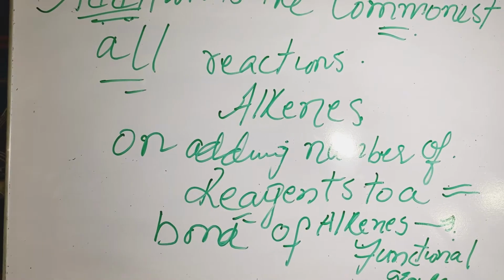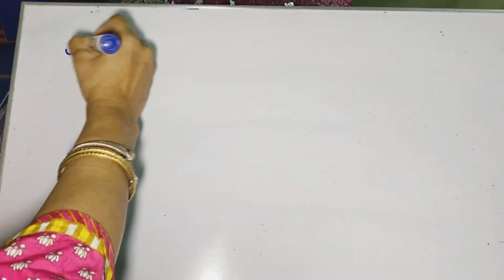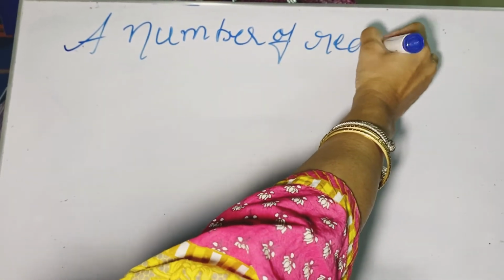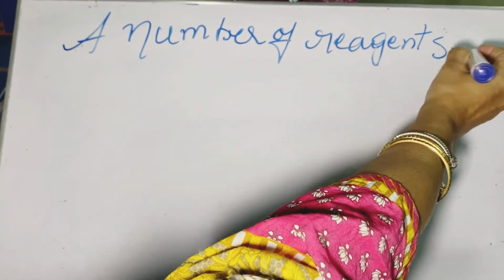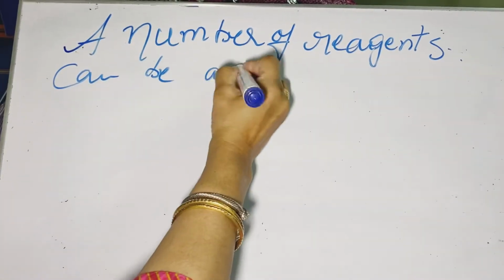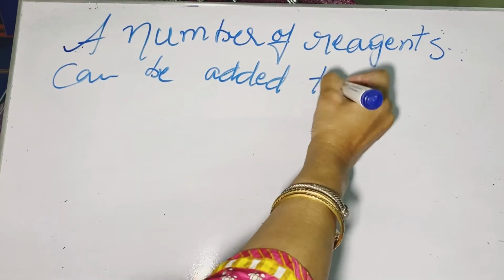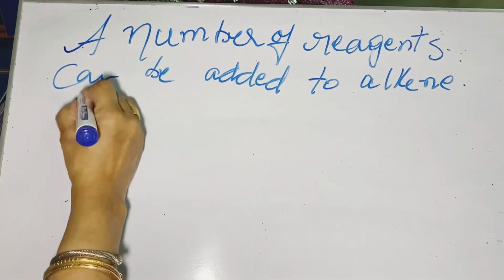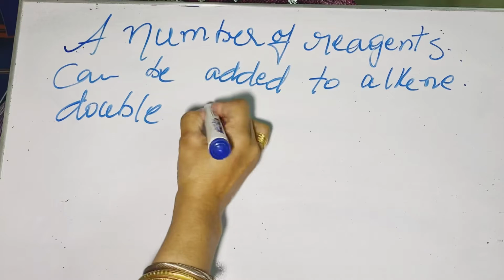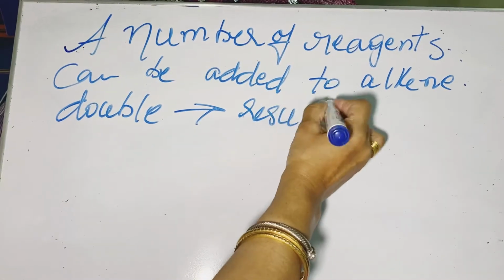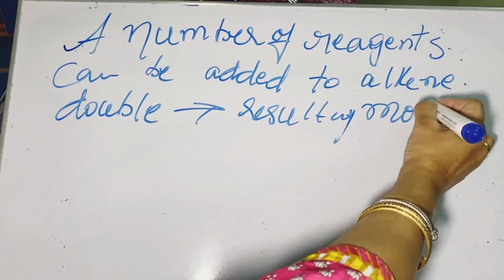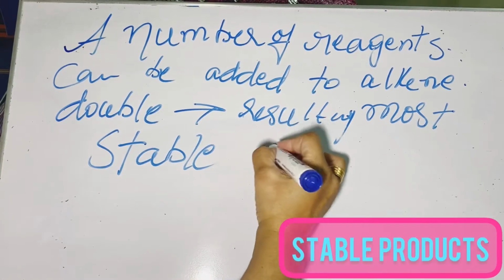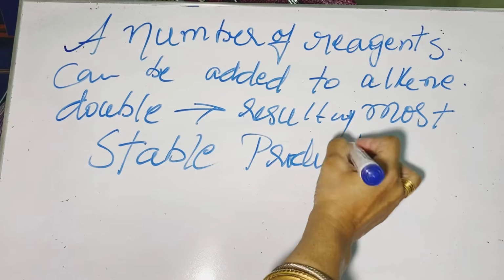So as you know, a wide number of reagents can be added to this alkene's double bond, resulting in mostly stable products.